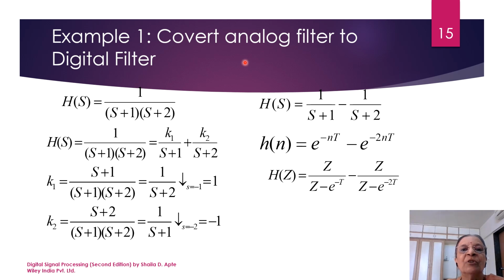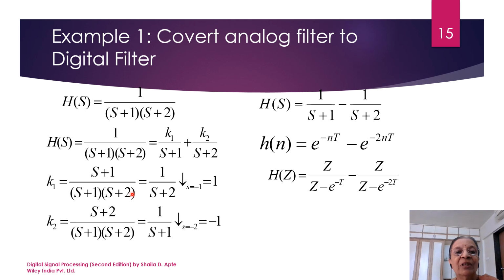So let us see the procedure for converting an analog filter to the digital domain. Let us consider we have the transfer function in S domain, 1 upon (S plus 1)(S plus 2). So here there are poles at S equal to minus 1 and S equal to minus 2. We decompose this transfer function using partial fraction expansion. We can write it as K1 upon S plus 1 plus K2 upon S plus 2.